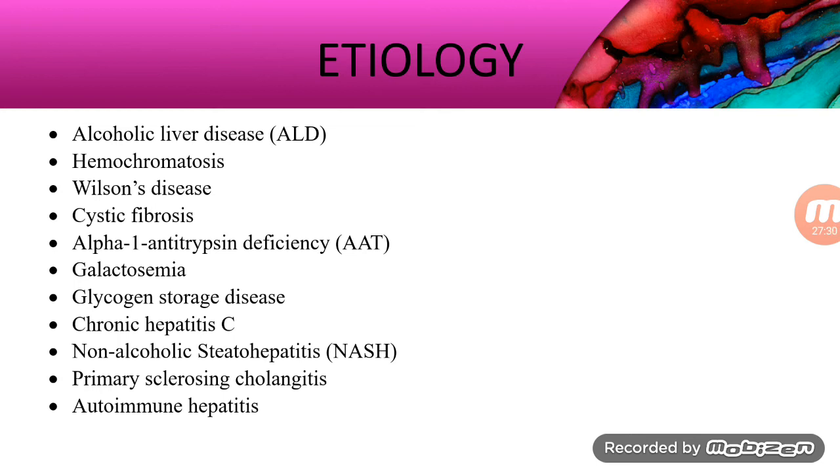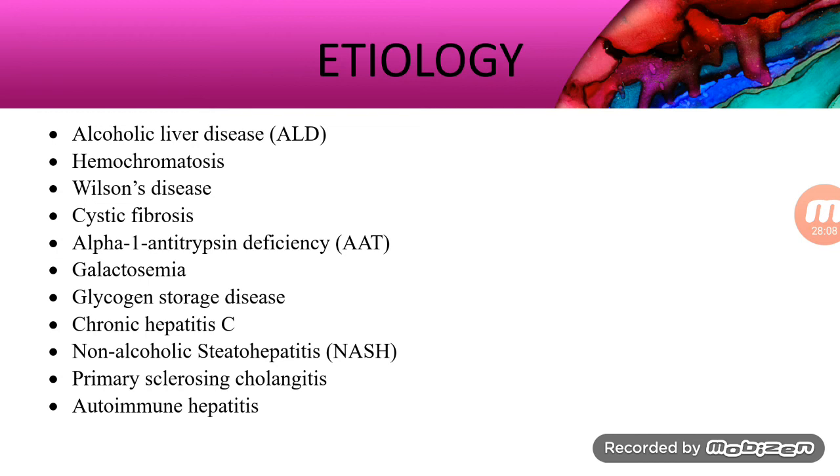Then primary sclerosing cholangitis. The term cholangitis means inflammation of the bile. Primary sclerosing cholangitis is a chronic disease in which the bile ducts in the liver become inflamed. There will be inflammation of the bile duct in the liver, and due to that inflammation, there will be narrowing of the bile duct.